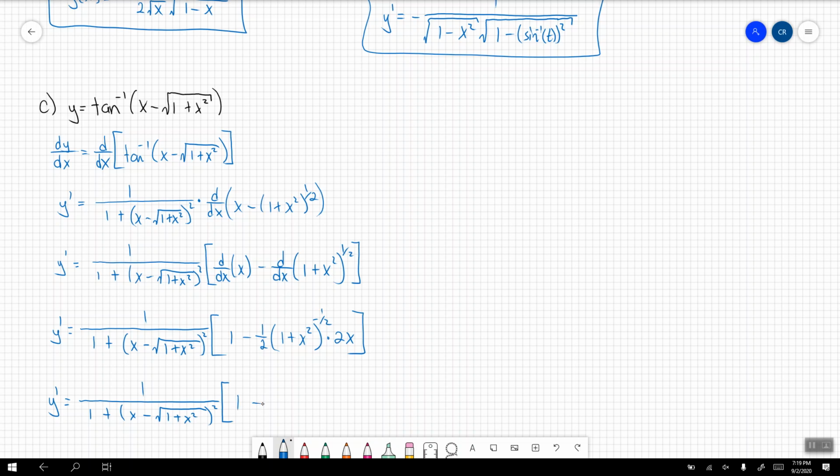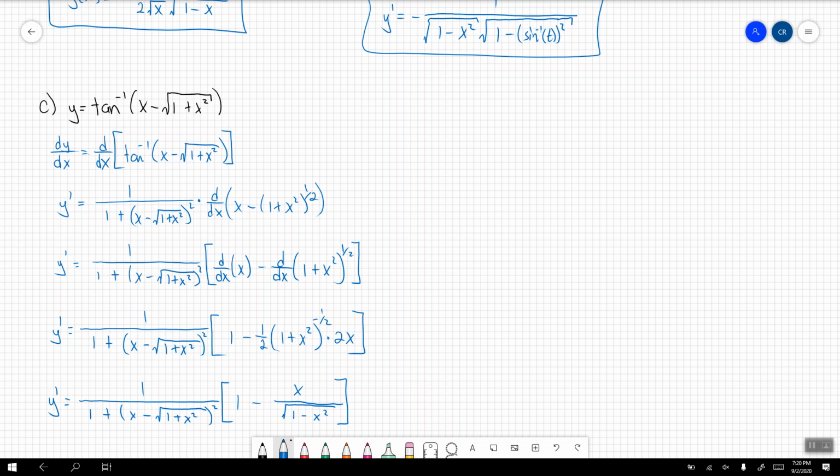And I have a minus. The 2's are going to cancel, and we're going to be left with x divided by the square root of 1 minus x squared. That's what's multiplying. Wowzer wowzers. That's pretty intense. But you know what? It's looking pretty good. I don't mind it so far.